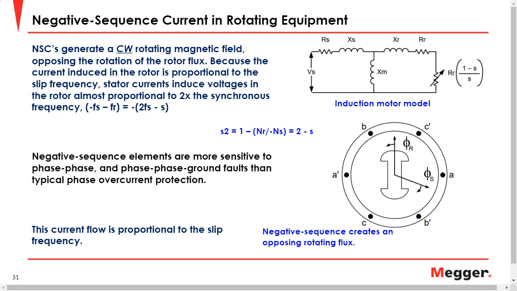And if we look over here, we see that the flux, the rotor, we have our counterclockwise rotation, but in the stator, the negative sequence component is opposite of the rotor flux.